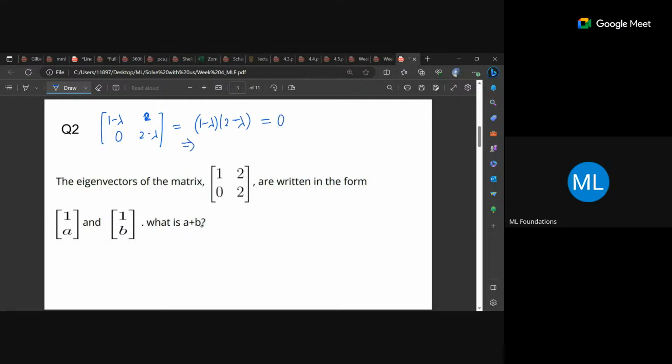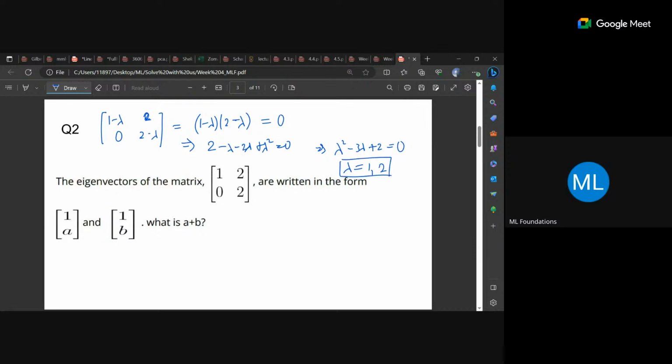And this is 2 minus 3 lambda plus lambda square equals 0, which is lambda square minus 3 lambda plus 2 equals 0. If you solve this, you will get lambda to be 1 and lambda to be 2.